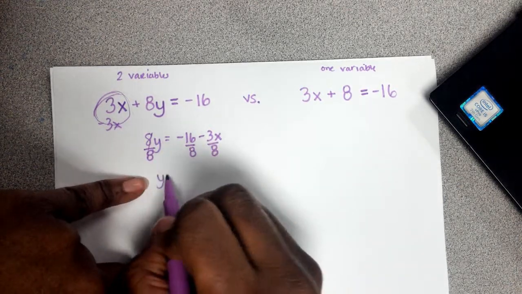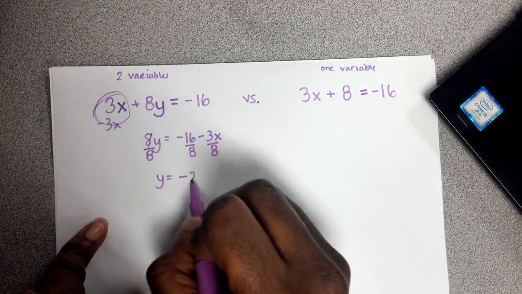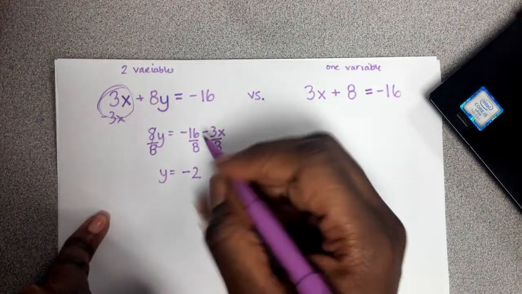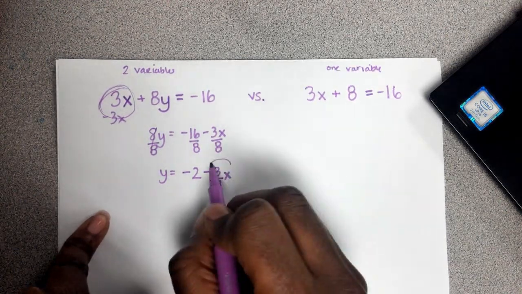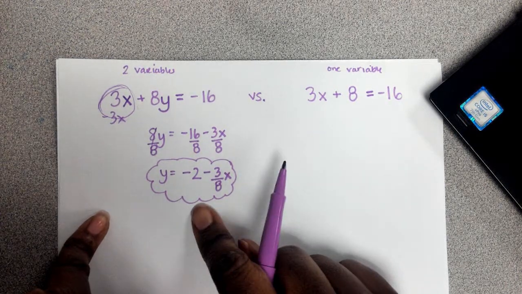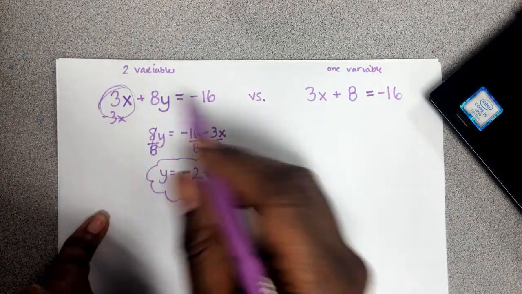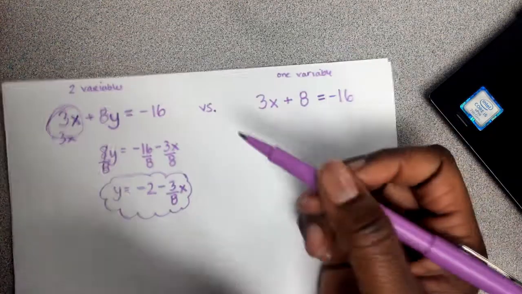So then I end up with y equals, when you divide negative 16 divided by 8, you'll get a negative 2. When you try dividing this, you'll get a decimal, and then you will reduce it back to what it is. So what I have done is I solved for slope-intercept form. I solved for an equation that is the same but just looks like a different form.